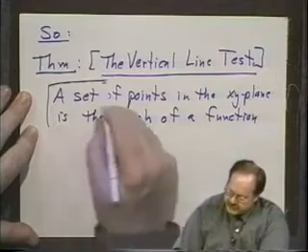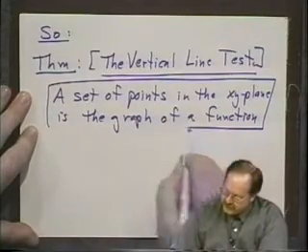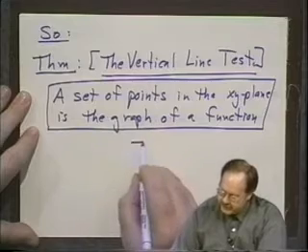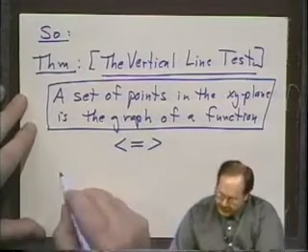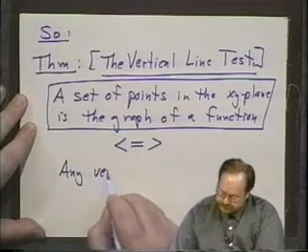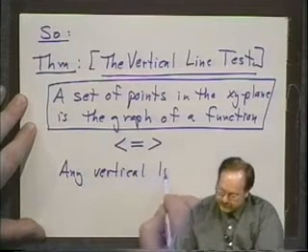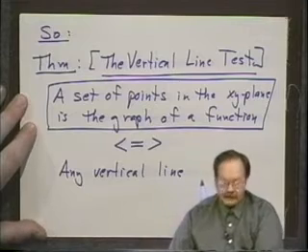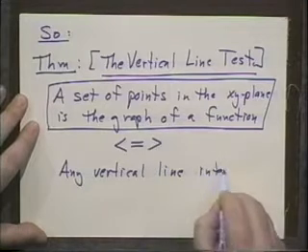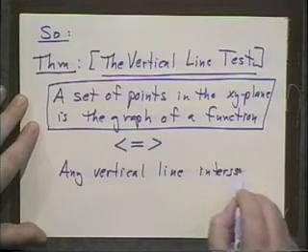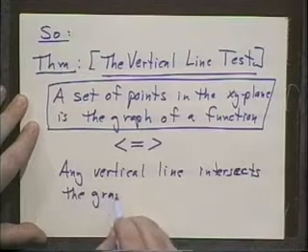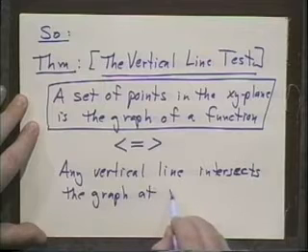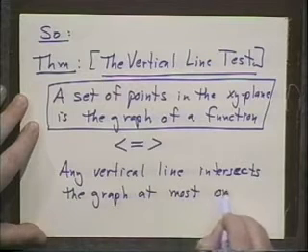Okay, let me box that in. That's one side of the double implication. That is going to be true if and only if, double arrows, any vertical line at all in the plane intersects the graph that we're looking at here, the graph at most once.